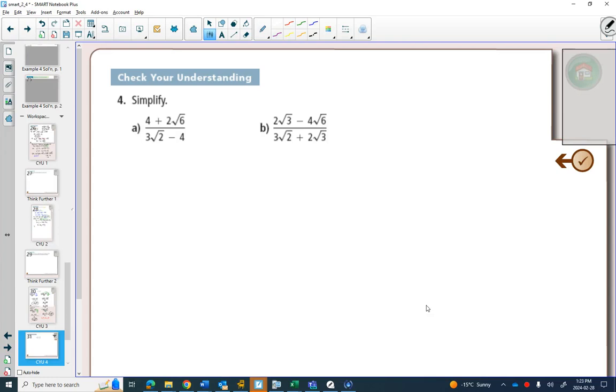So for this one, 4 plus 2 root 6 over 3 root 2 minus 4. I have a square root on the bottom, so that's not allowed. I do a quick check to see if any of my square roots could be simplified even further, but none of them can get reduced down further. So I'm going to start by multiplying by the conjugate.